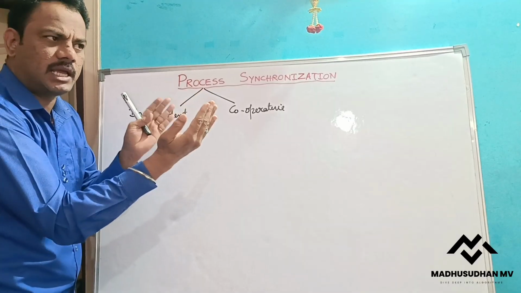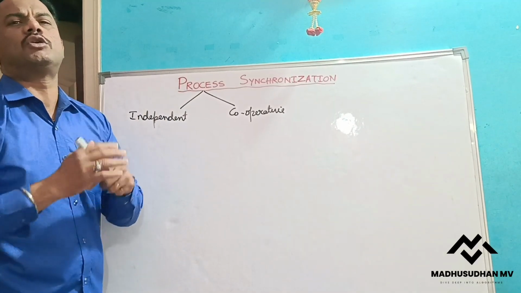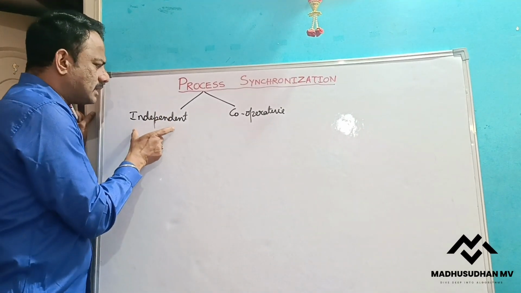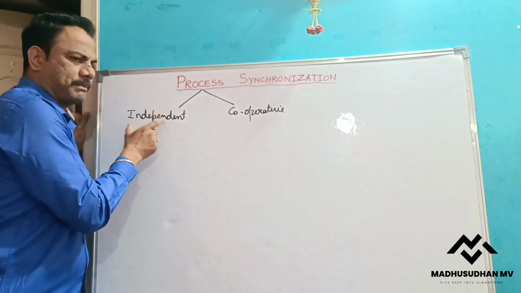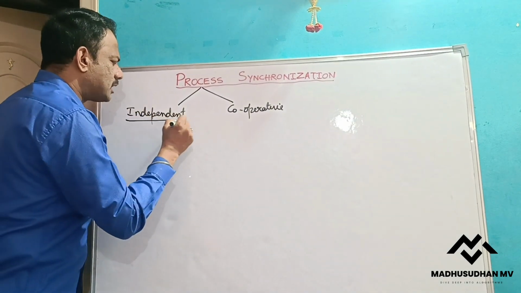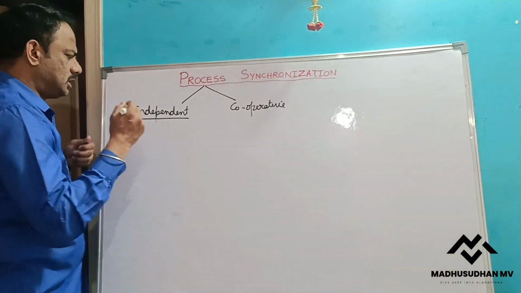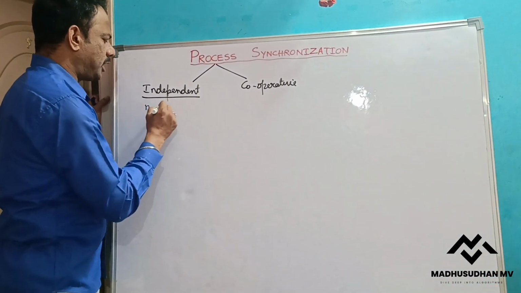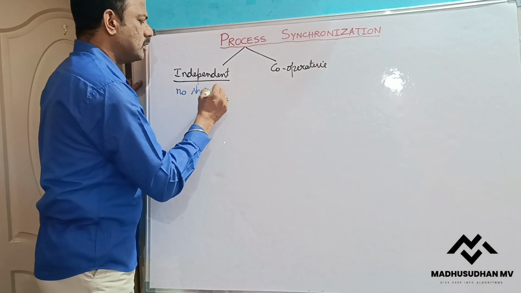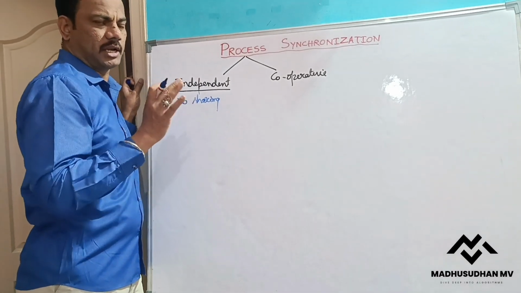When there is nothing to share, there is no need to communicate. So independent processes never communicate with others, which means no sharing of any data, no sharing of anything.